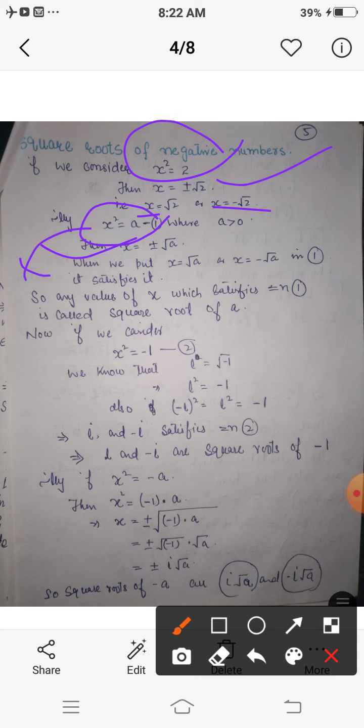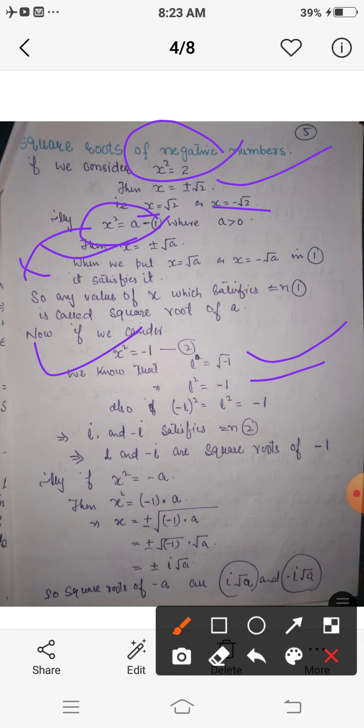Now if we consider the equation of the form x square equals minus 1. Now in the real number system, this is not defined, or its solutions do not exist, because it is a quadratic equation whose discriminant is negative. Now we know that iota equals root of minus 1, iota square is minus 1, and minus iota square is also minus 1.